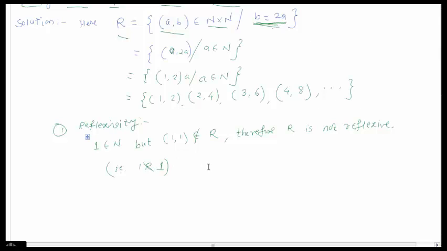Here 1 is not R related to 1. So this R is not reflexive.